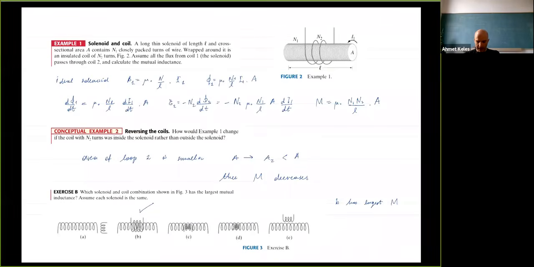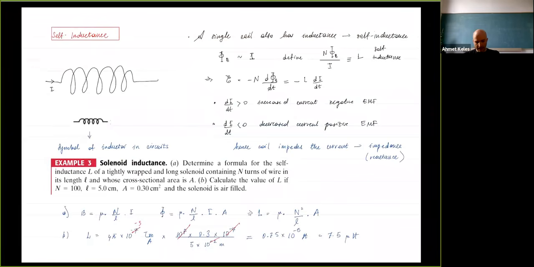We saw some examples, and actually we said, even if you have a single coil, there's no other coil here, this is just one single element, this inductor has its own inductance, and we call it self-inductance. And the way we calculated it is, we first said there's a magnetic field proportional to current, and total flux divided by current is going to be self-inductance.